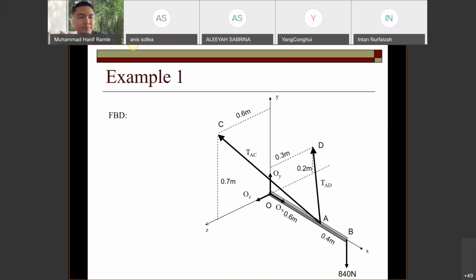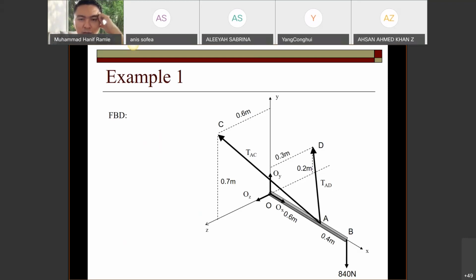Anyone? What is the next step? Determine AC and AD. Sorry, can you speak louder? Determine AC and AD. Yes, correct.